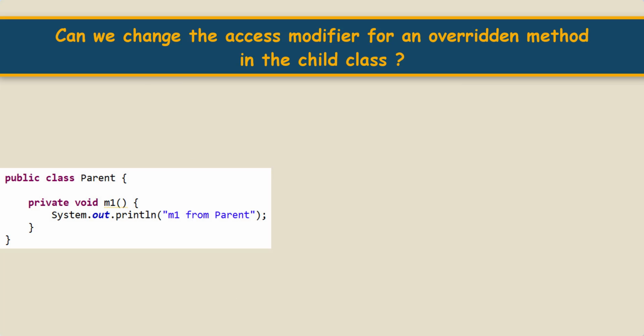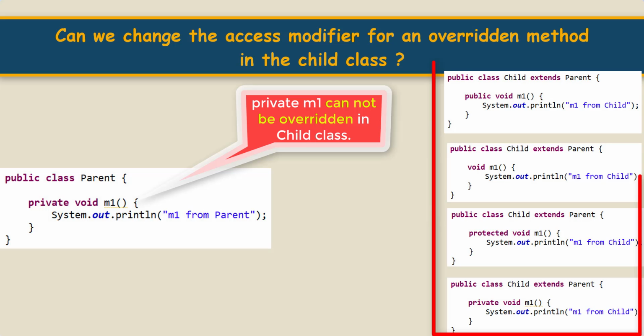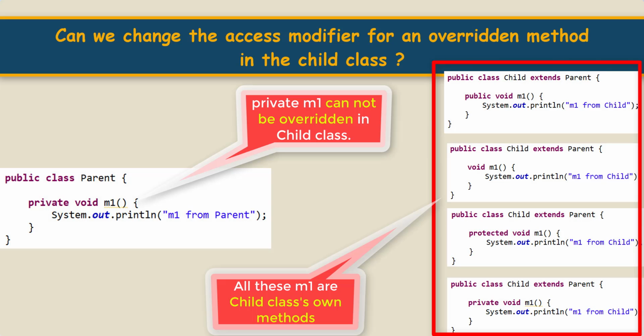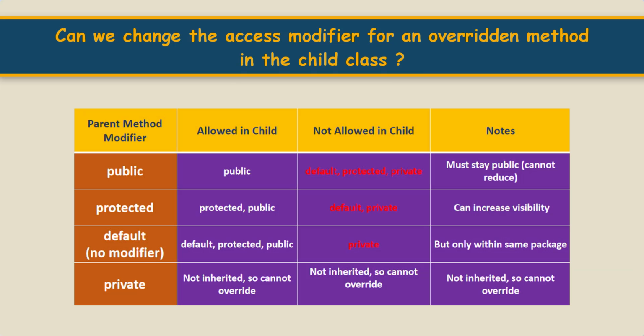And for private, we have already seen we cannot override, or even perform inheritance, for methods with the private modifier in the parent class. So let's say in the parent I have a public m1 method, and when I try to use protected, default or private, I will get a compilation error. So for public m1, you need to use public only.